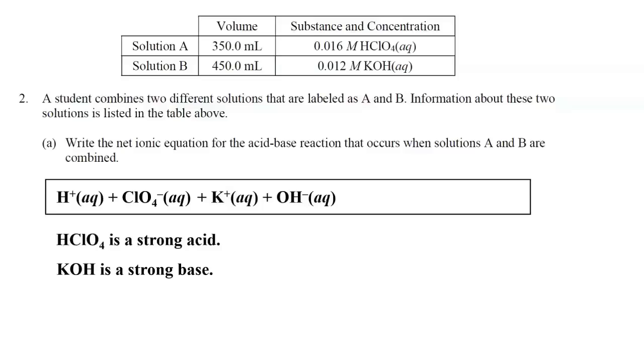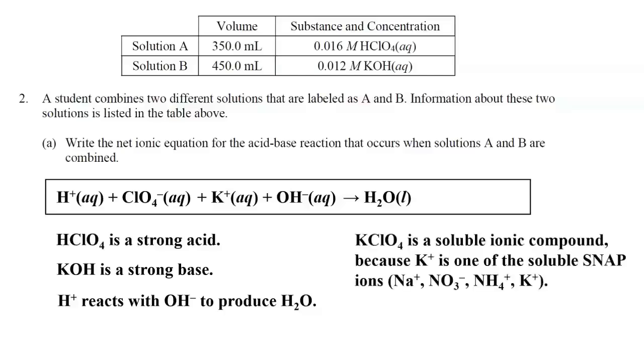Now the H+ and the OH- come together to make water. So water is one of the products, and then the other product is an ionic compound, and that would be potassium perchlorate, which is KClO4.